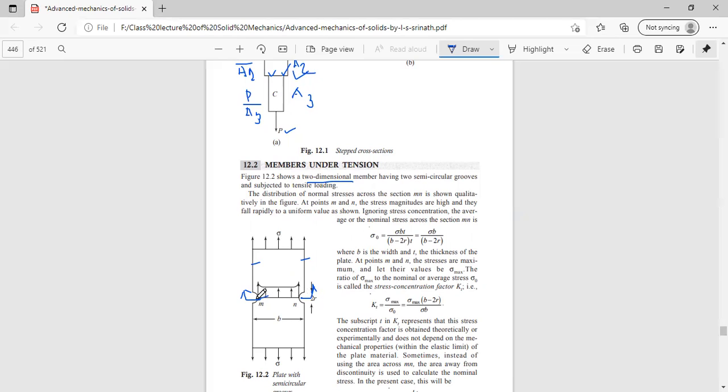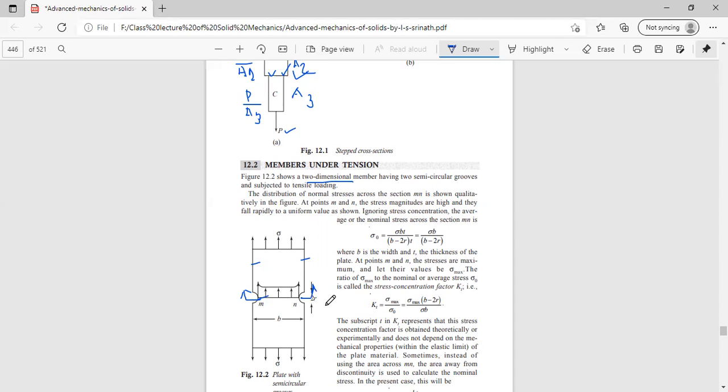But at the lowermost part of this semicircular cross section, the stress is maximum in comparison to the stress here and here. So it is the most vulnerable portion of this shaft, at this particular cross section MN, and at the particular point N over the cross section itself.